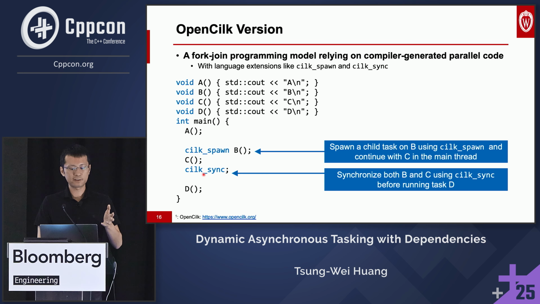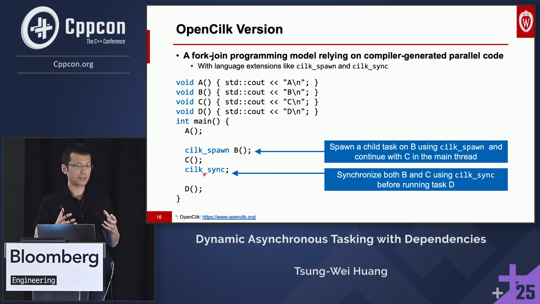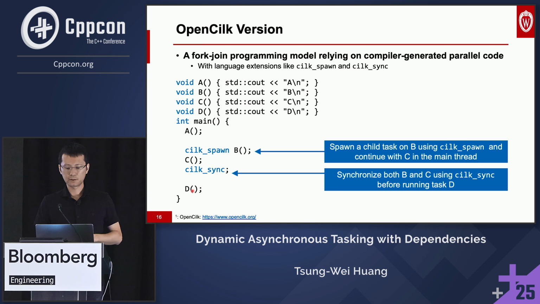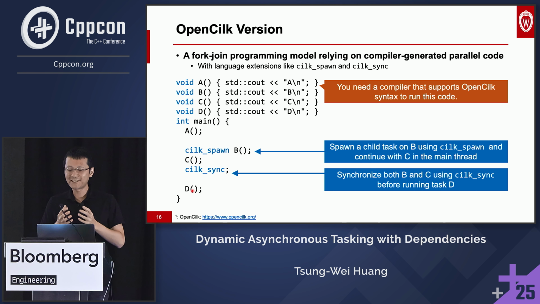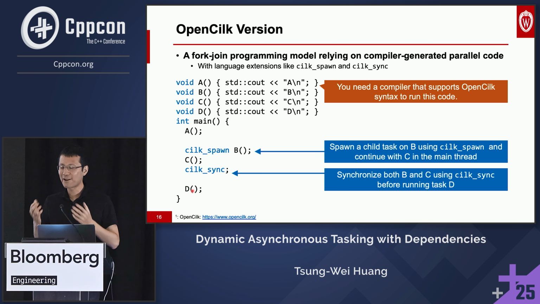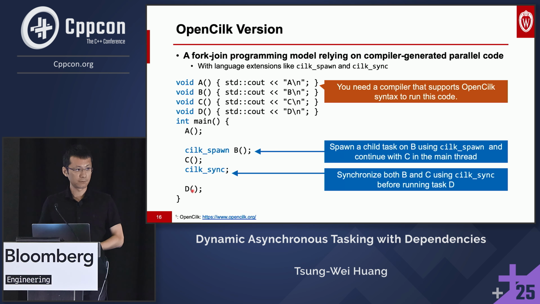Then we use cilk_sync to explicitly synchronize the execution of B and C before we run the final task D. So similar to OpenMP, like I said, you need a compiler that supports OpenCilk syntax and language extensions to run this code.